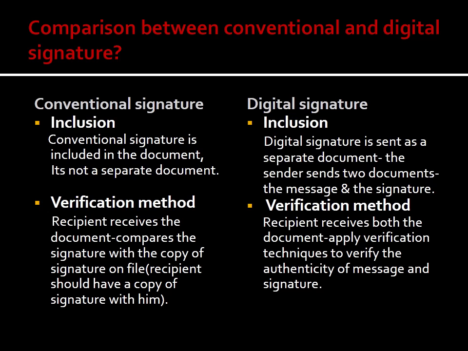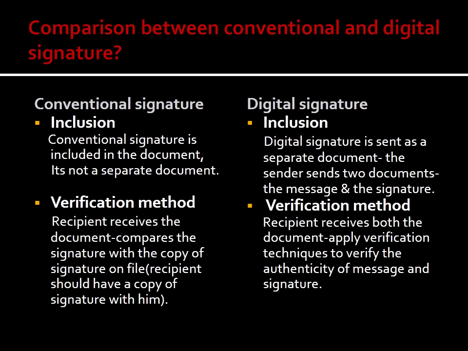We don't need to attach or make a separate file, which has to be done in digital signature. There the digital signature is sent as a separate document. The sender sends two documents, the message and the signature, to the receiver. Let's see the verification method in both signatures.